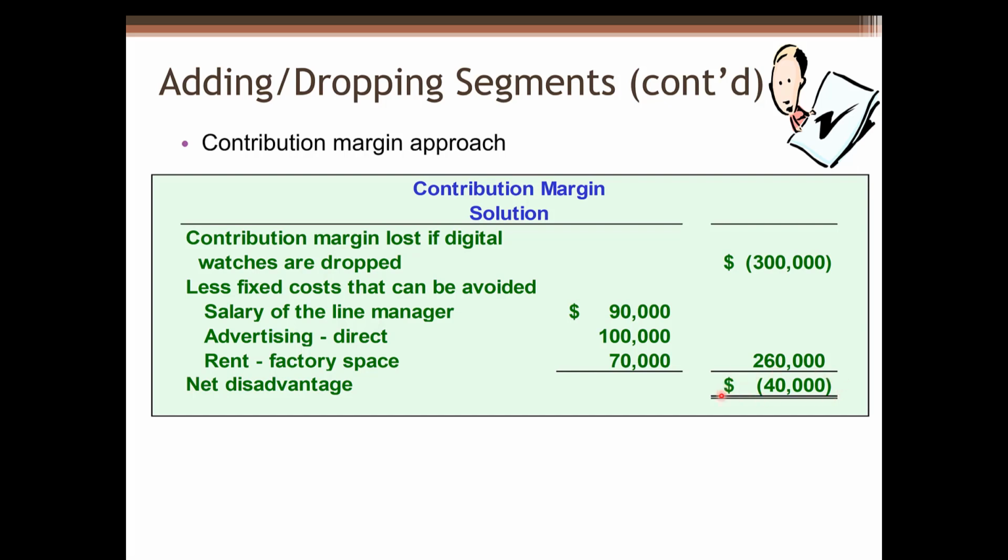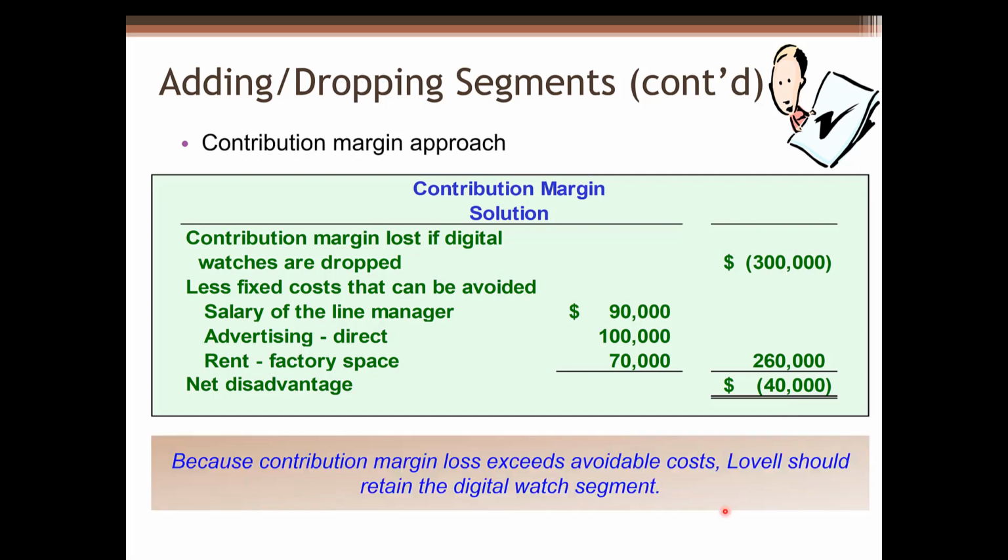So the total net disadvantage is $40,000, which means if Lovewell drops the digital watch line, its net operating income will decrease by $40,000. Because contribution margin loss exceeds avoidable costs, Lovewell should keep the digital watch segment.